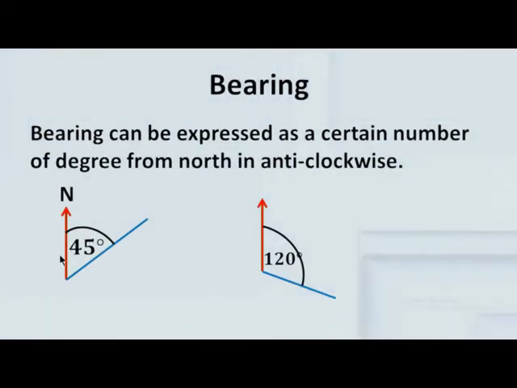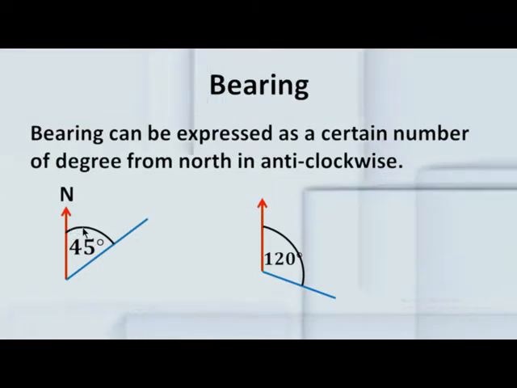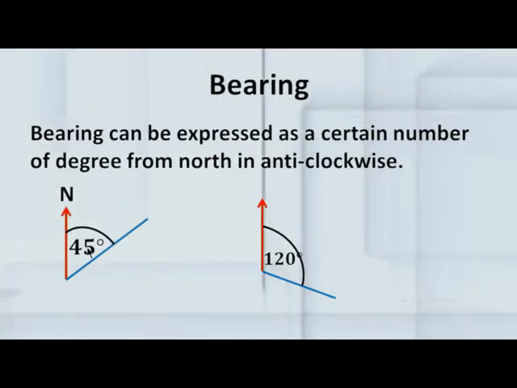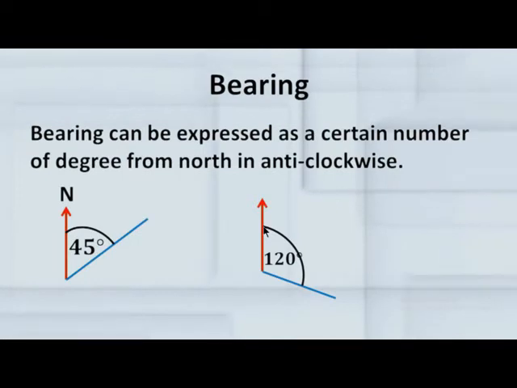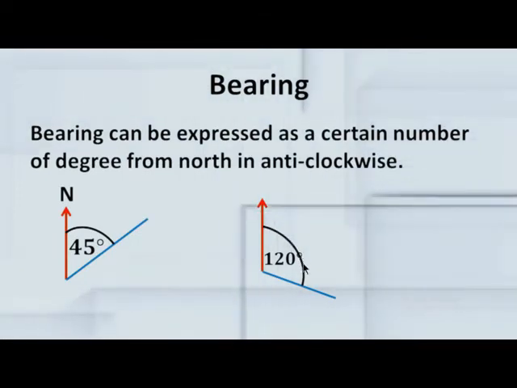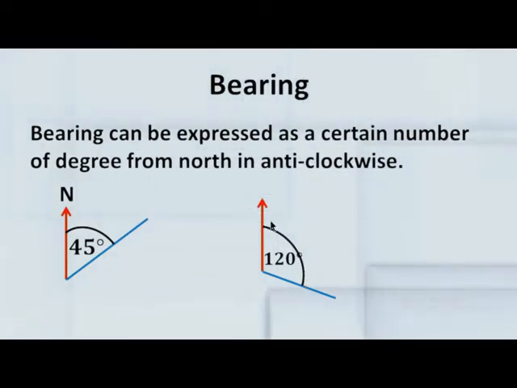We get this number from the north in anti-clockwise. So from north in this direction is 45 degrees. How about this blue line? It's the bearing 120 degrees. It's from the north again in anti-clockwise, in this direction, is 120 degrees.